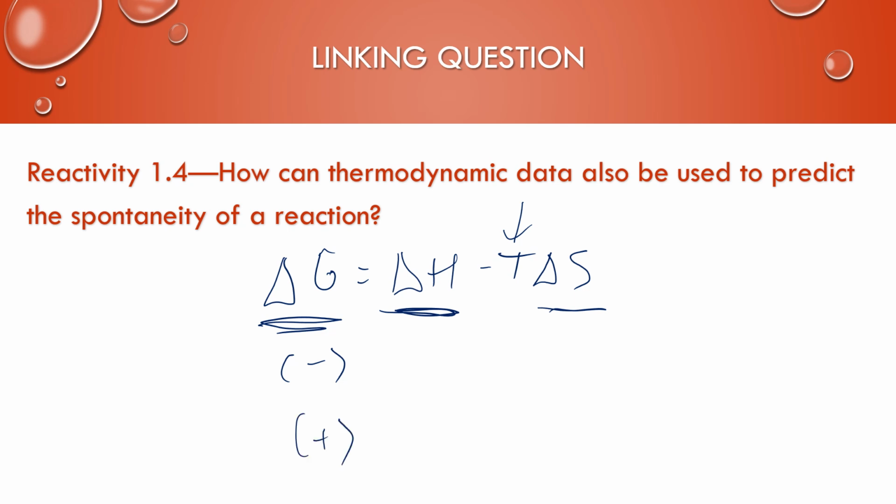And if it's positive, it is non-spontaneous or not thermodynamically favorable. So you can use these other thermodynamic data instead of cell potential to calculate your Gibbs free energy. So there's just two different ways to wind up with the same concept of how thermodynamically favorable or unfavorable it is.